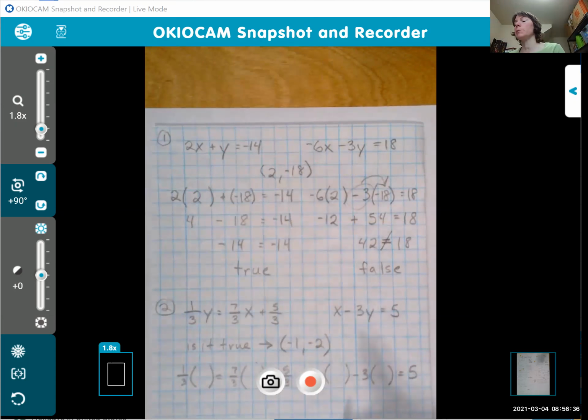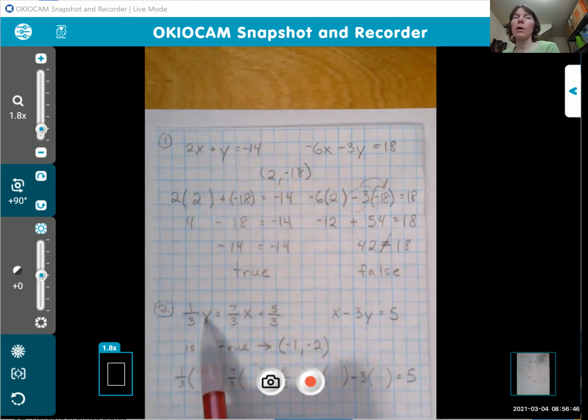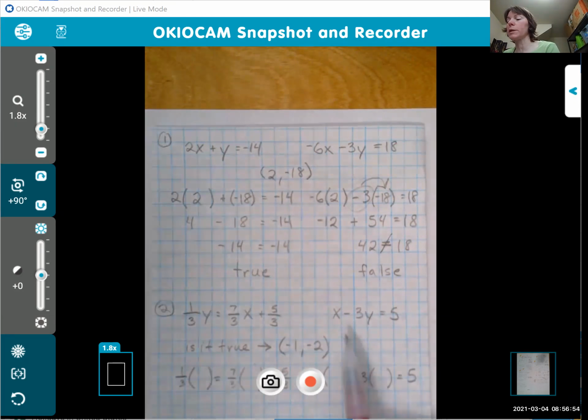Now here's something you really need to be careful about, and it is a possible pitfall of doing it this way, of writing your parentheses. Here we have our y first. And so maybe you're going to go, oh, well, I'll put my y first. But then I go over here and if I put my y first, well, that wasn't the first one. So you need to be very careful about which ones you're linking up with which ones.